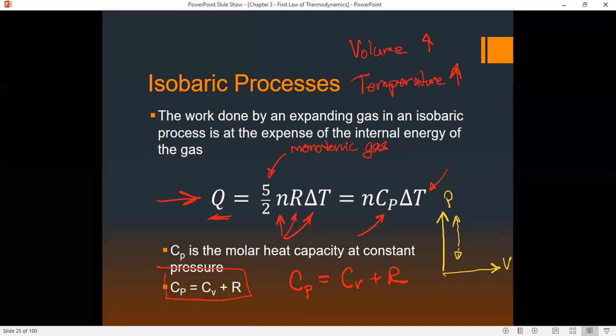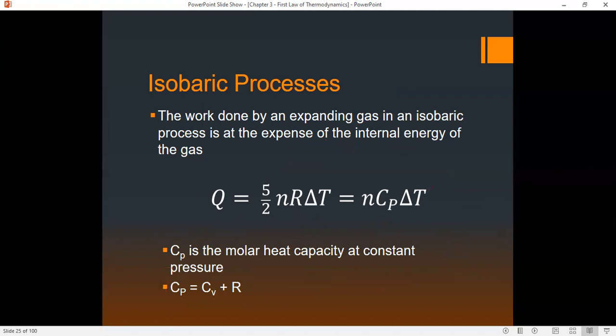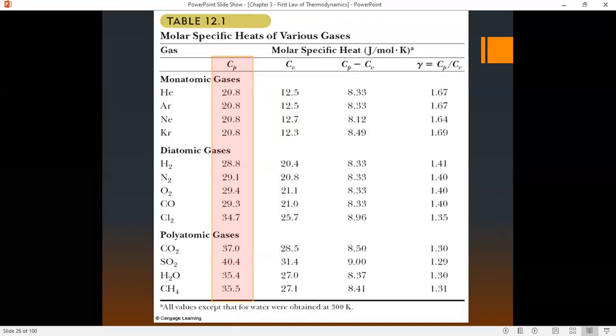When I'm changing the heat at constant pressure, guess what? I not only have to add energy to change the temperature, but I also have to add energy to make up for the work that I'm losing. So that's why those two terms are different. So let's take a look.